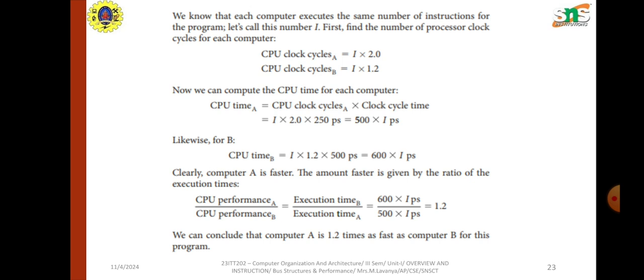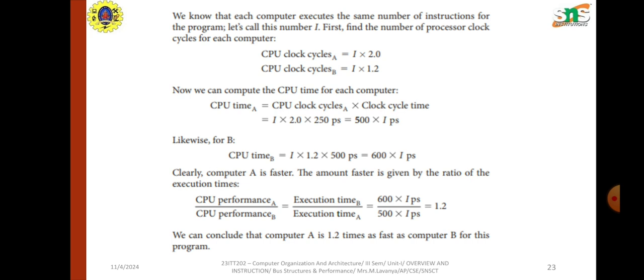We know the formula for finding how much faster system A is than B. While substituting this, the performance of A by performance of B is equal to execution time of B by execution time of A. As we have seen, the execution time of B is 600 times I ps, whereas execution time of A is 500 times I ps. So dividing this, we will be having 1.2.